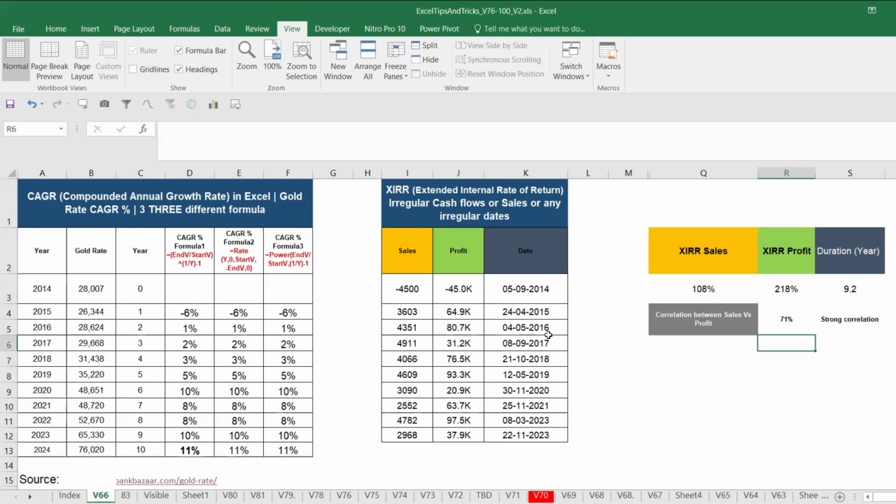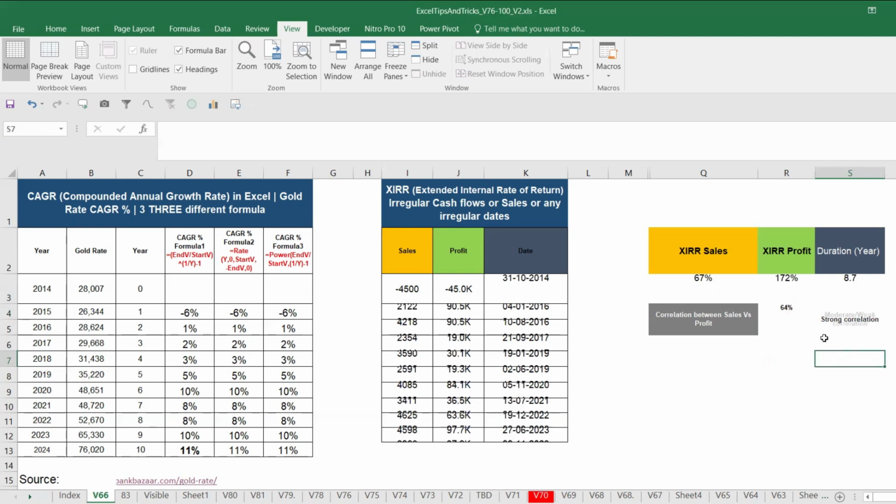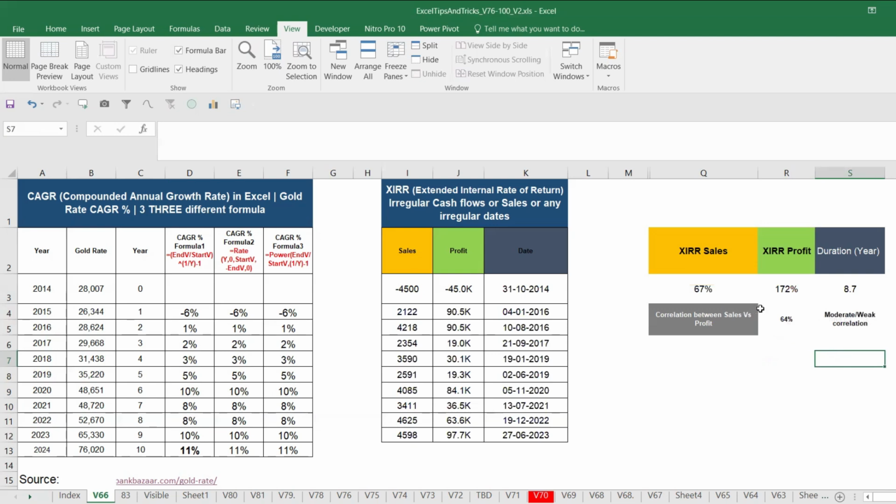So it is always better to check that as well. Keep this equation also in mind. So I will press F9. In this case, although profit is 172 percentage, which is great in 8.7 years, the correlation is moderate, because it is 64 percentage, right?